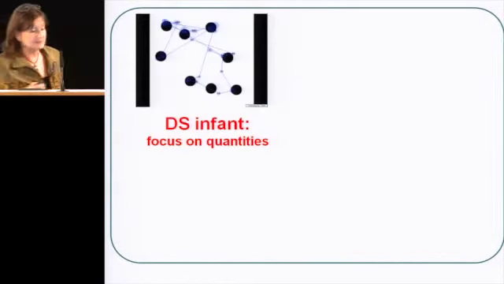In Williams syndrome, faces are proficient. They're in the normal range on several face processing tasks. And some people have interpreted this as the ventral stream of the cortex is spared. Number, as I've just shown, is impaired in infants and very impaired in later development in adolescence and adulthood.